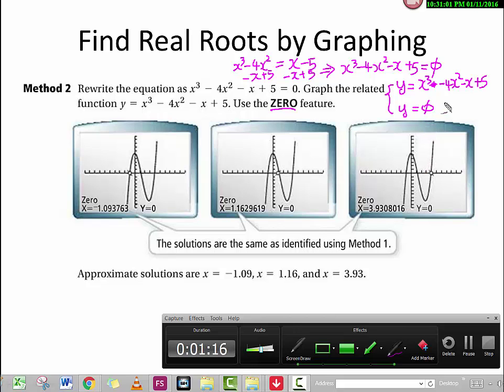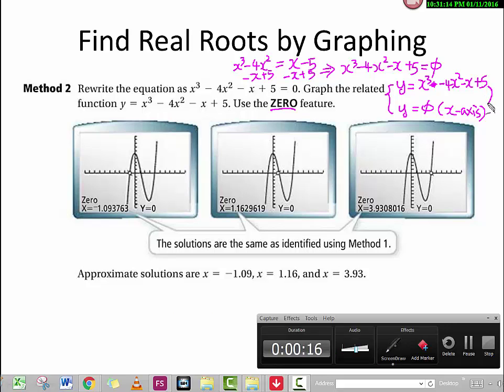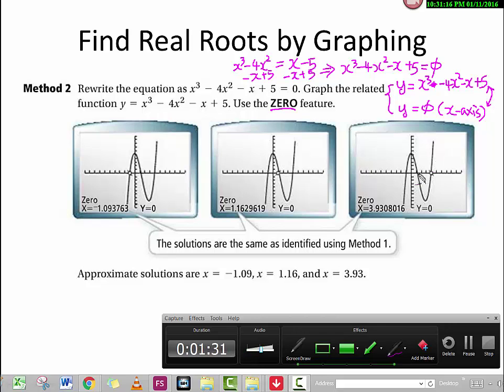Alright, so y equal to 0 is basically the x-axis. So we are actually looking at the intersection between this polynomial function and the x-axis. That's why we're looking at all these zeros. The following clip is going to show you the details of how we find all these zeros.